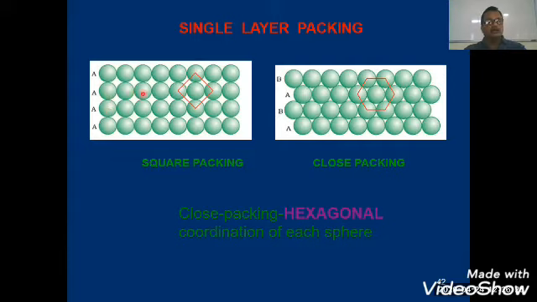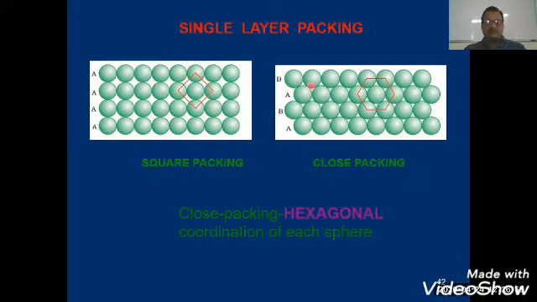Then the third layer of atoms is exactly over the second layer. If the geometrical arrangement of the first layer is A, then the geometrical arrangement of the second layer is also A, the third layer is also A, and the fourth layer is also A. So we can call it A A A type packing. So here these are the voids, these are the empty spaces.